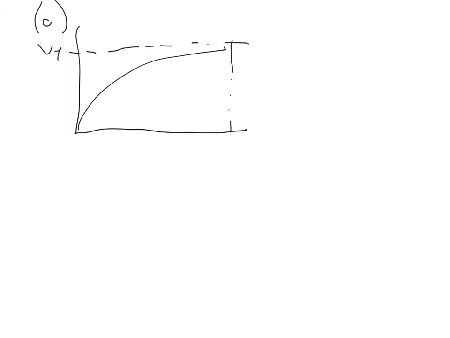So our graph for C is pretty straightforward. It's going to look like any terminal velocity graph. Boom. You got your terminal velocity here, and then it actually does have an ending point for time, so it's going to be T.